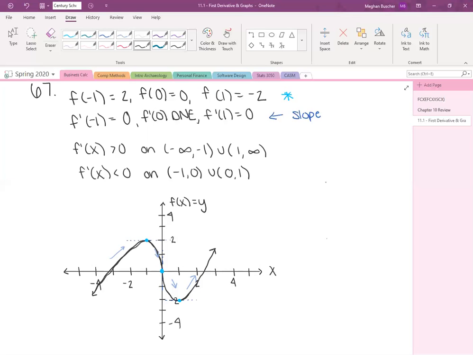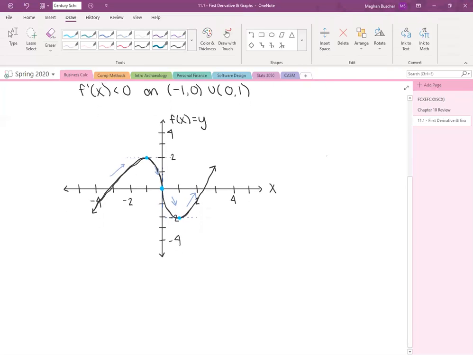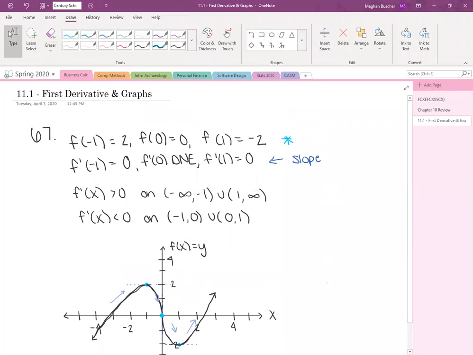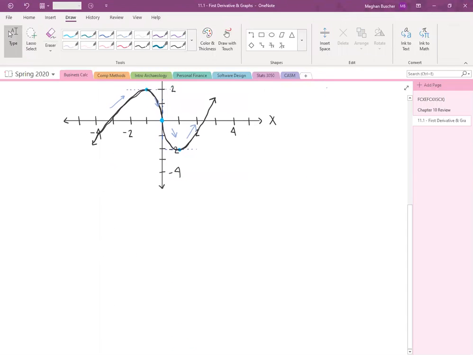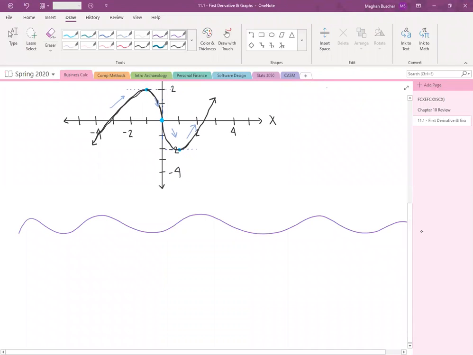Let's look at 47, because you have some nice derivative techniques to work with there as well. So this was 11.1a, and then we're going to move down here for 11.1b. Okay, looking at 47.